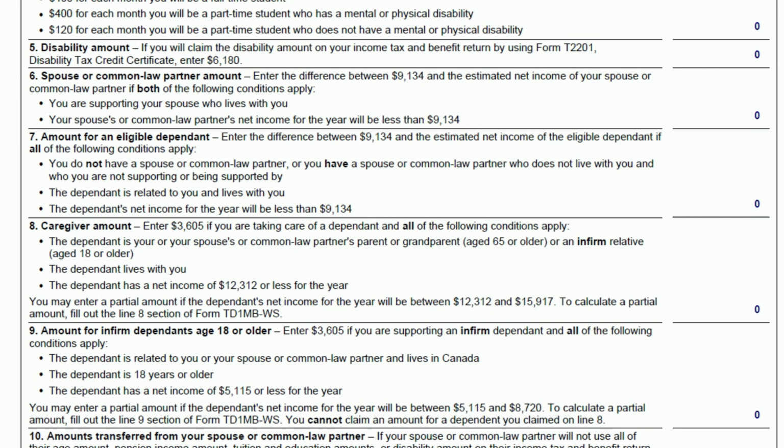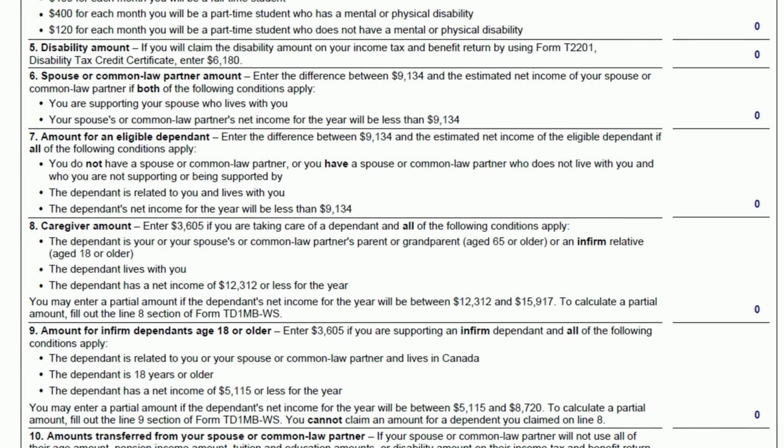Lines 10 and 11 are amount transferred from spouse or common-law partner, and this is for the dependent. So here, in case they have not used all of their amount, in case of spouse or common-law partner, age amount, pension income amount, tuition, education amount, whatever they did their calculation and got, that has not been fully utilized because the tax they owed was less and there is a balance.